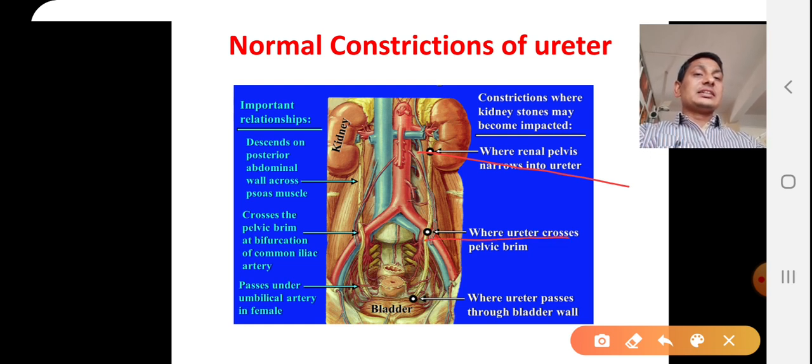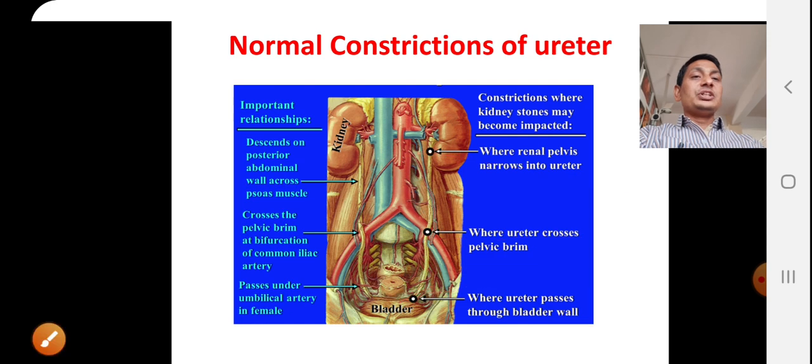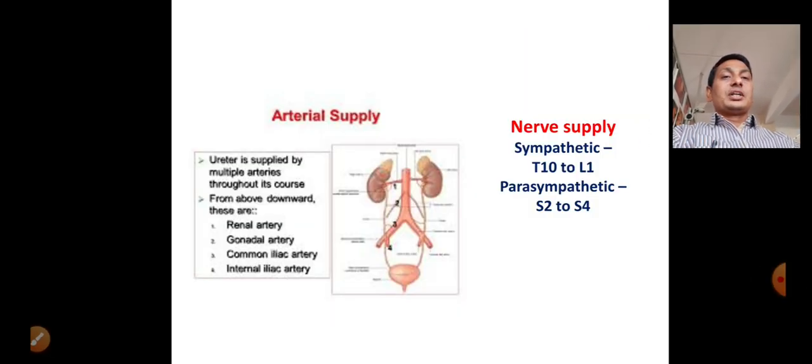And the third constriction is where it enters the urinary bladder. These are the three constrictions of the ureter.